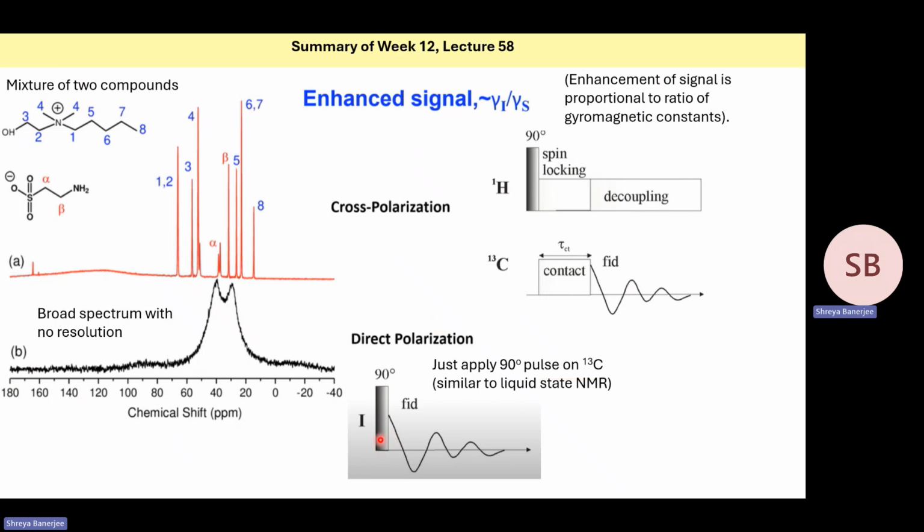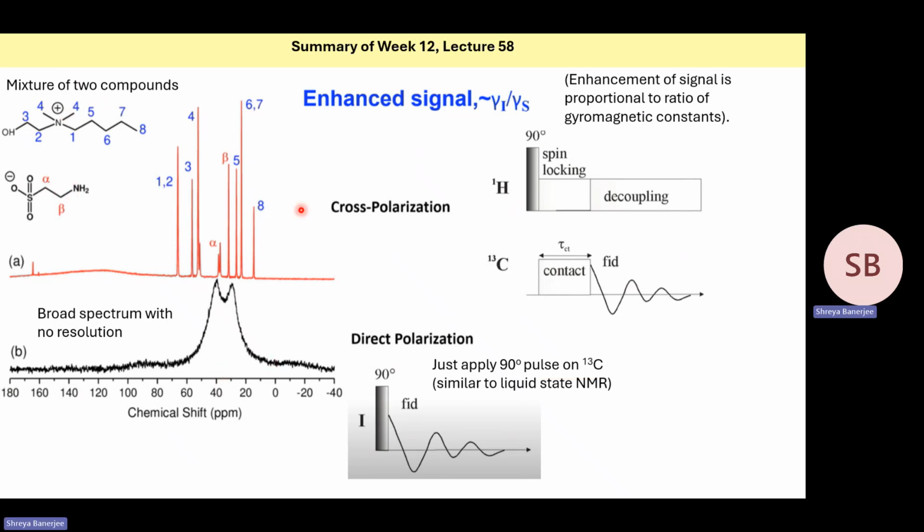That means you have just applied a 90-degree pulse on 13C and you have collected the FID. So in case of direct polarization, that is, you have just applied the pulse on carbon and collected the FID like in liquid state NMR, you get a very broad spectra with no resolution. You cannot figure out which peak belongs to the first compound and which peak belongs to the second compound.